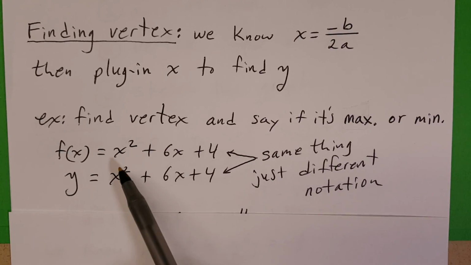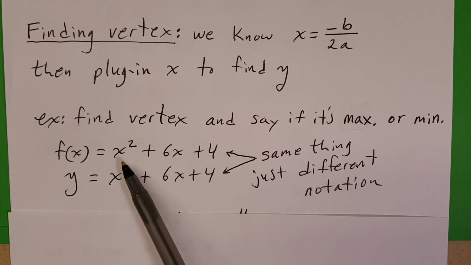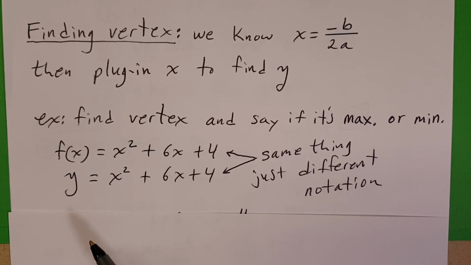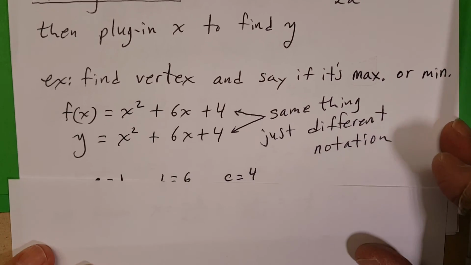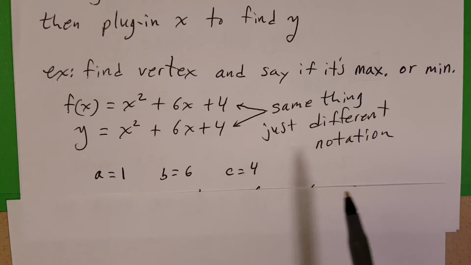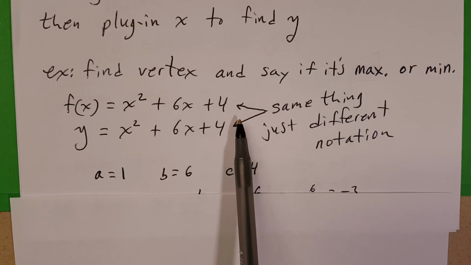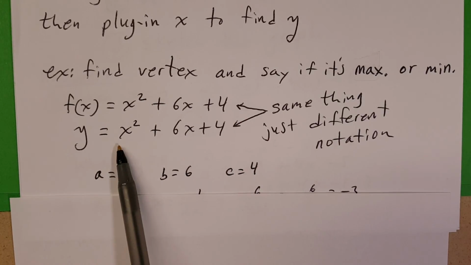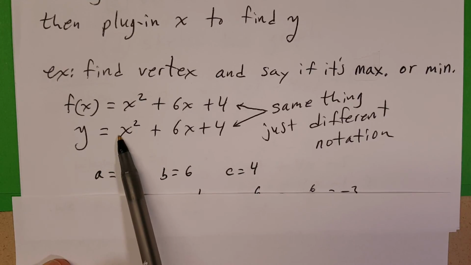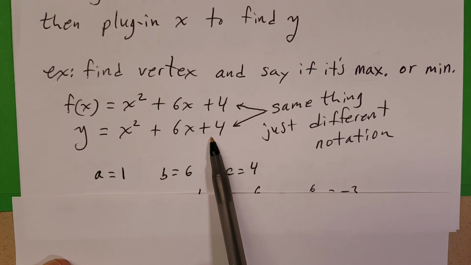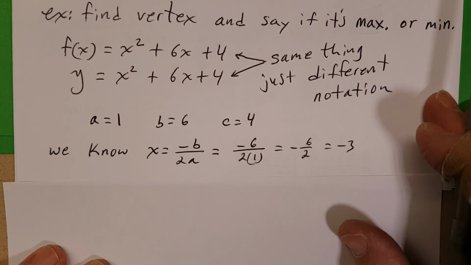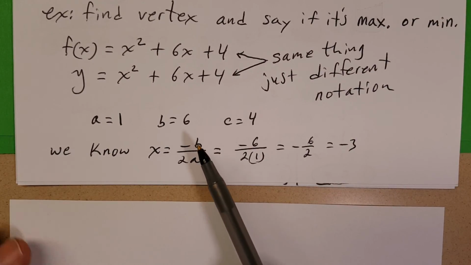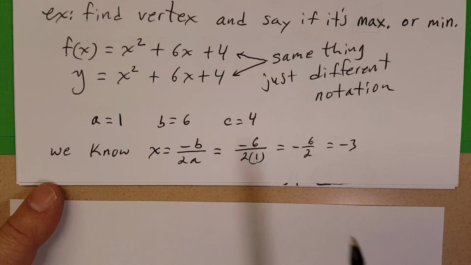So what we want is, we don't want to graph it right now. We just want to know if we did graph it, where would the vertex be? Well, we know that from this function, a is 1, b is 6, c is 4, and we know that x is equal to negative b over 2a.